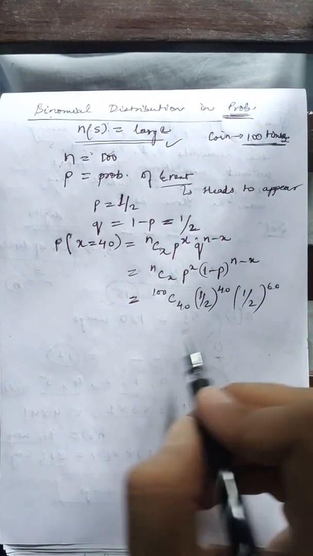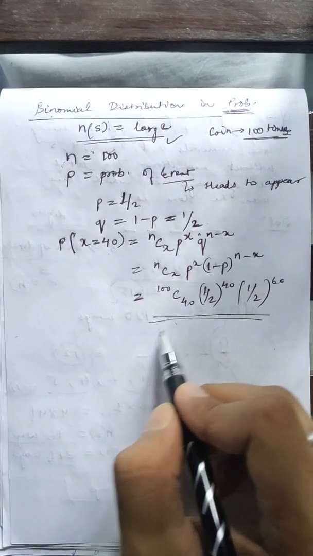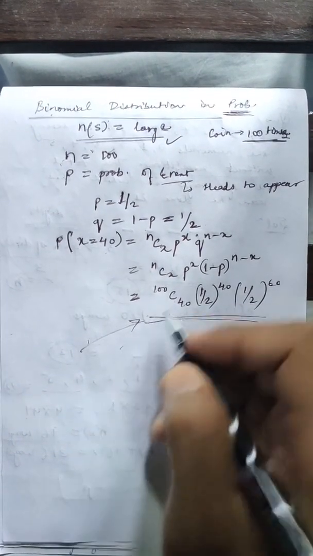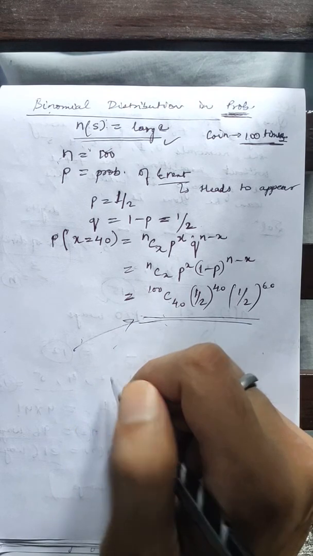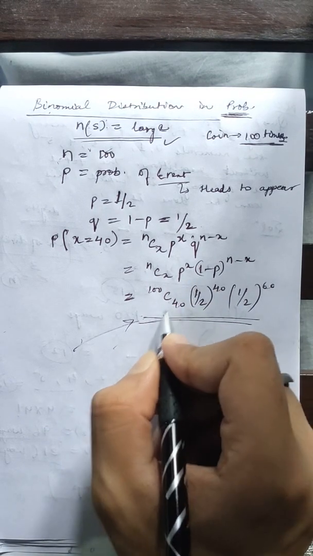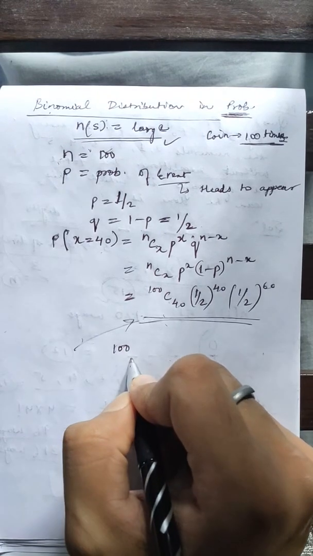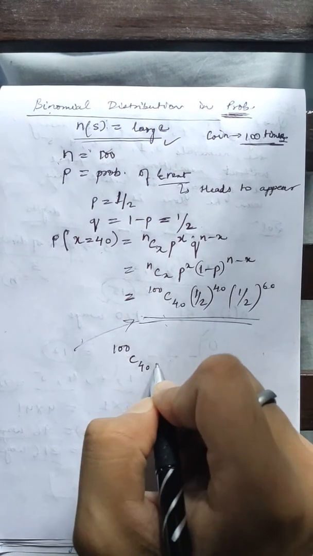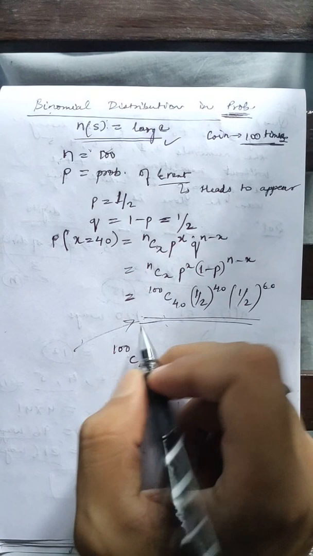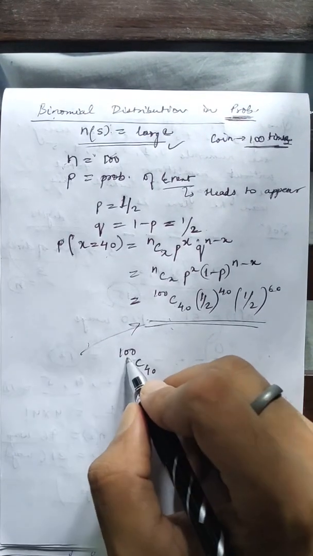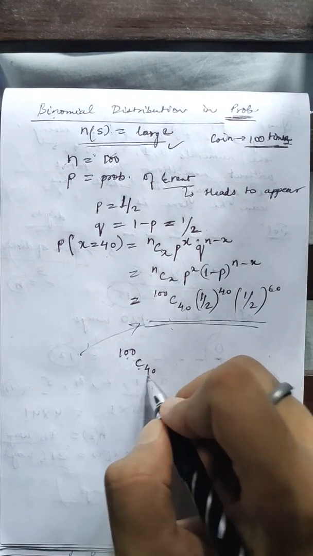You can understand this if you go by the normal method that I have discussed in earlier questions, like throwing 10 dice. You can also simply understand how this formula appears. You have 100 events and we want to make 40 combinations of those 100 events in which heads appear, and therefore we use nCx here.